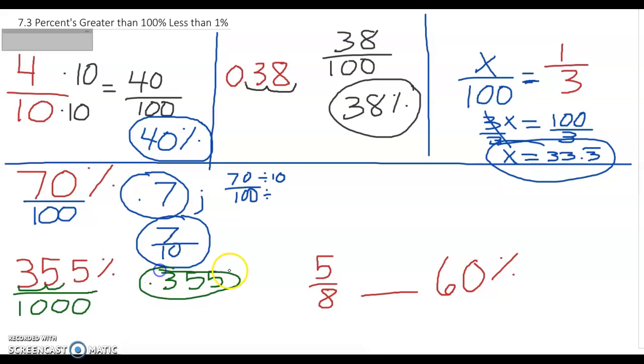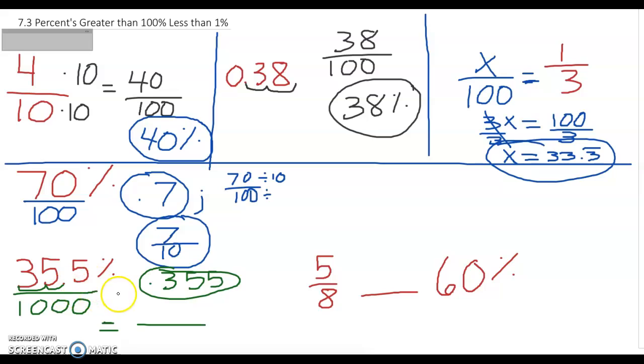But we want to convert it into a fraction, and remember, we always want to reduce it to the simplest form. 355 and 1,000 can both be divided by 5.